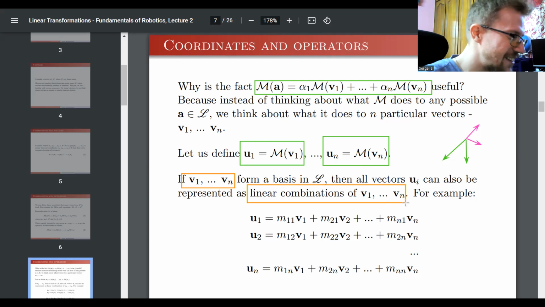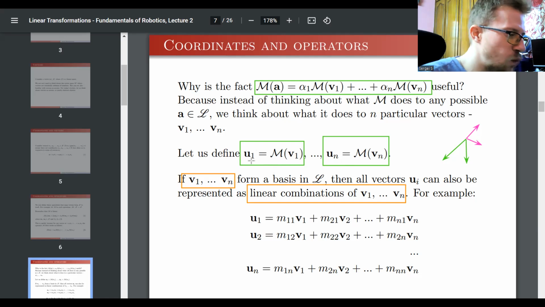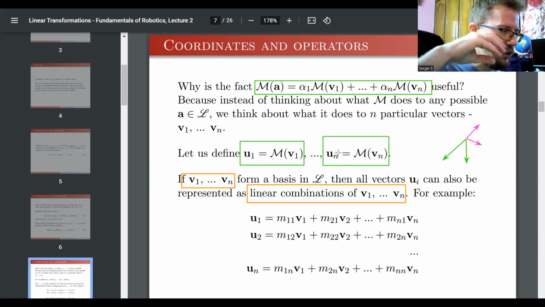I think here we arrive at another one of those slightly conceptually scary points, but not very difficult. Let's think about it. V1, V2, Vn span the whole space L. And U1, U2, Un are also in L, because M is an operation that takes a vector in L and gives back a vector in L. It doesn't shove it into a different linear space.